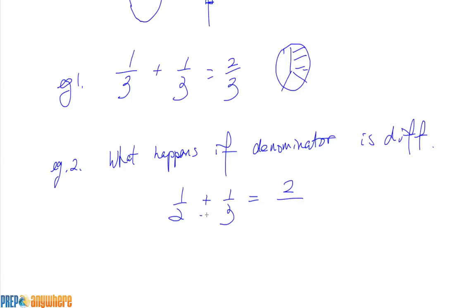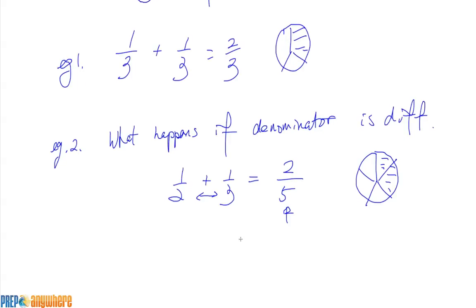Some students like to add the 2 and 3 and say this is 2 over 5. No. That represents a pizza cut up into 5 even pieces, and we have 2 of those. That's not even half the pizza. We have half a pizza plus a third of a pizza, so this is clearly not the answer.